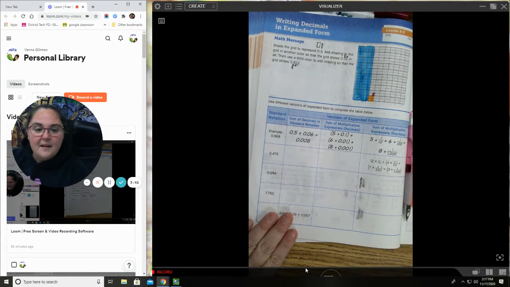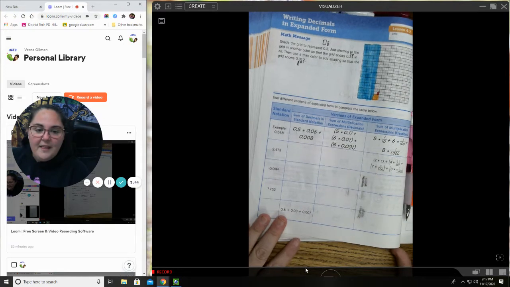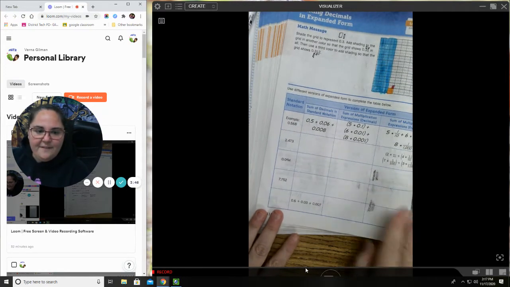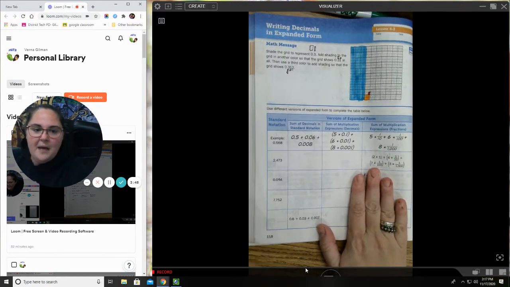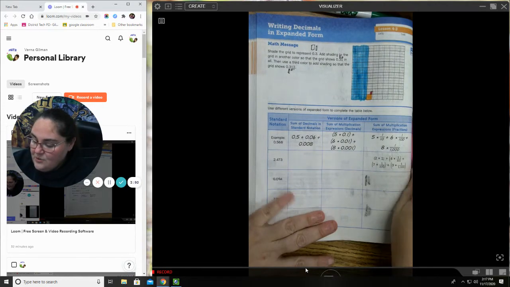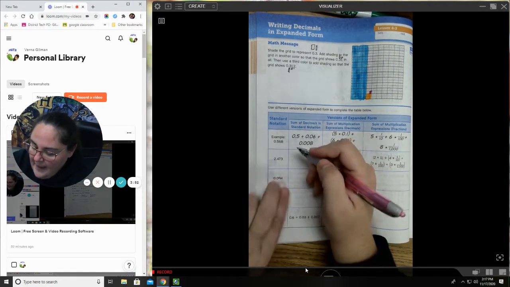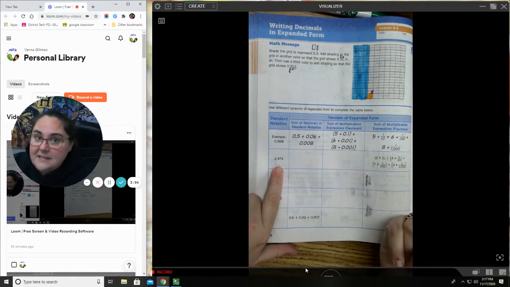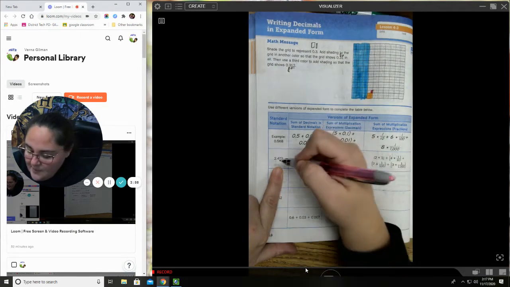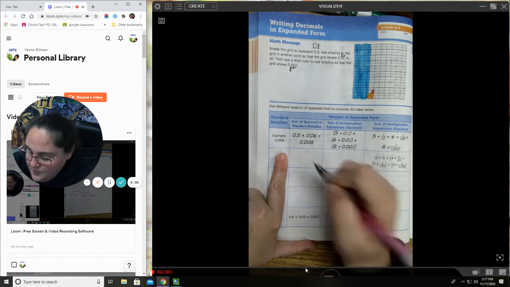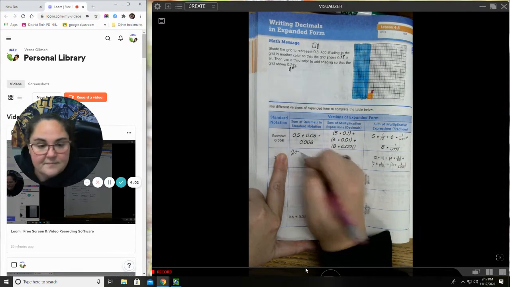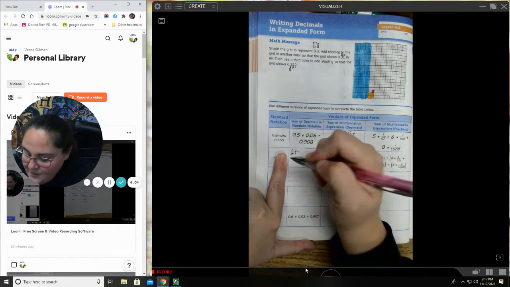Okay, so here we go. The first thing we're going to do is write the first number as a sum of decimals in standard notation. So here we go. Same thing like we did before, but I'm going to start with my ones column. In my ones column, I have a 2. And then I can turn that 2 into a 0.